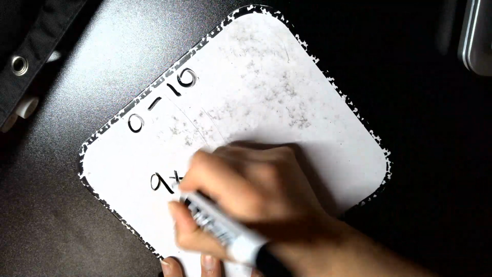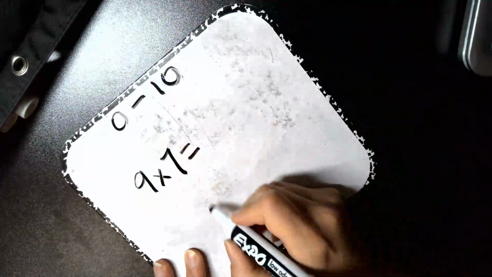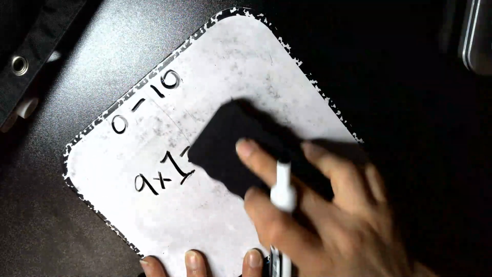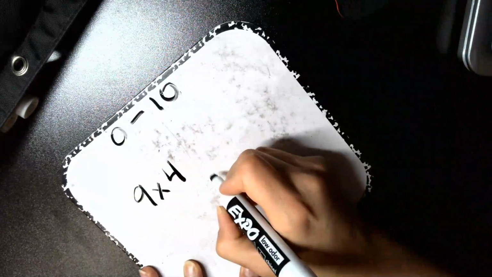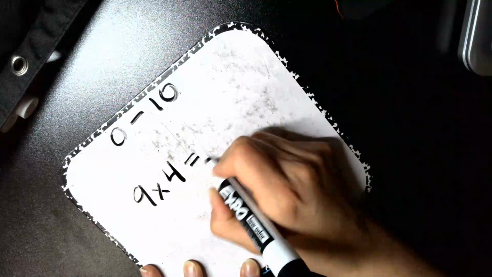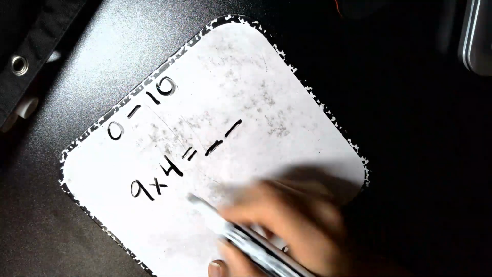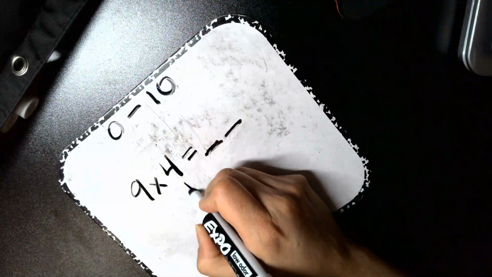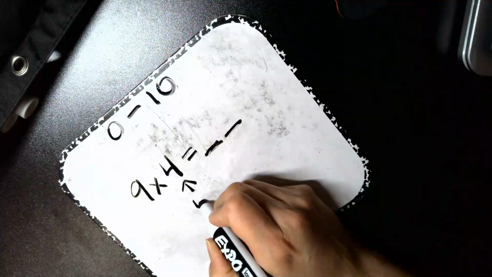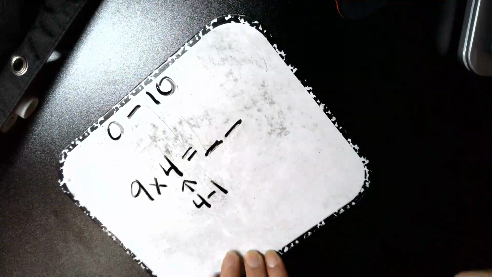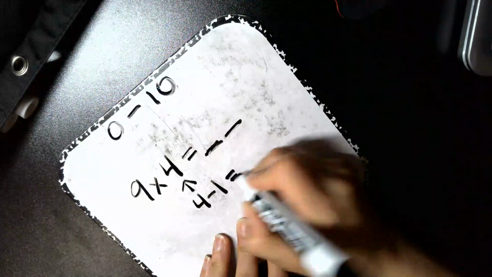Okay, we'll do 9 times 7. Okay, we have a 7 here. Did I already do the 7? I think I already did the 7, so I'll do another one. 9 times 4. Okay, equals, we have two digits. Okay, 9 times 4. We have 4, so we're going to take that number and do minus 1. So 4 minus 1 gives us 3.